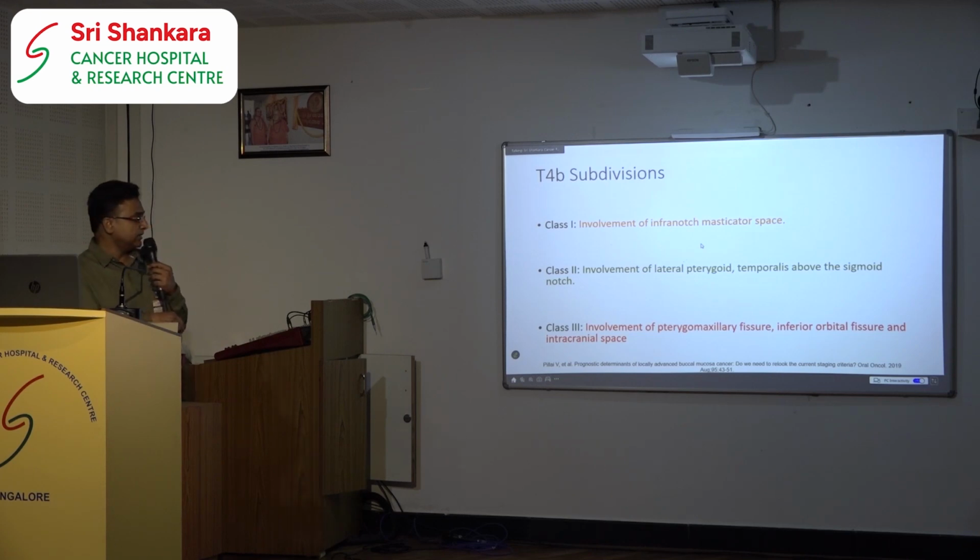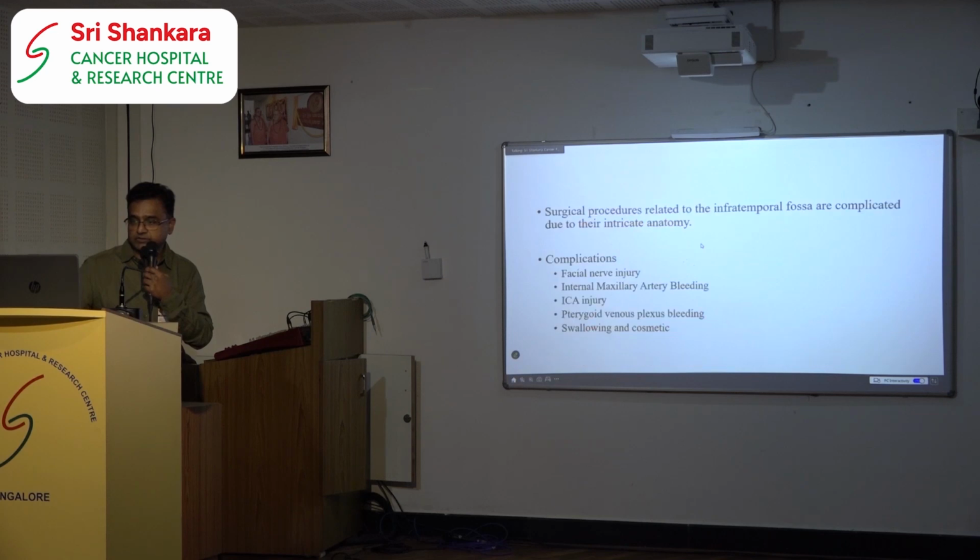Also, the entry of disease into these fissures provides a gateway for extension of disease way beyond your surgical field. So you may not end up with an R0 resection, and these are morbid surgeries. We all know that in oral cancers, if you're not able to give an R0 resection, the surgery done is as good as not done. So class 1 and class 2 patients can definitely be considered for surgery.